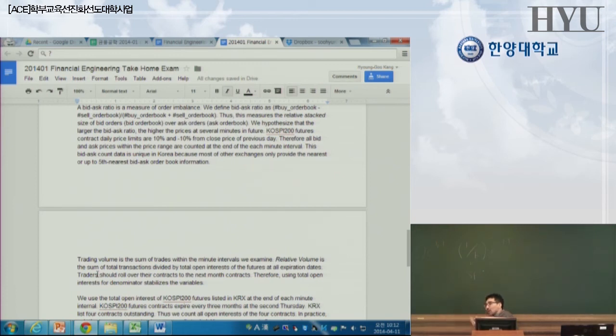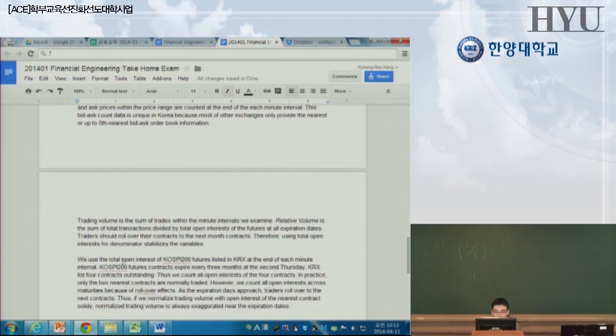So in order to maintain the futures position, they have to close the near-end futures contract and change it to a longer expiration date, a longer month contract. That is called rollover. Therefore, using total open interest for the denominator stabilizes the value.